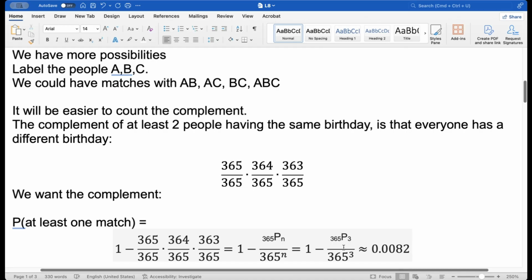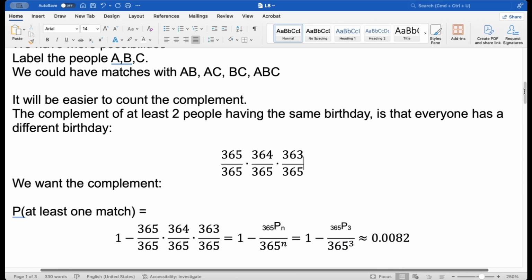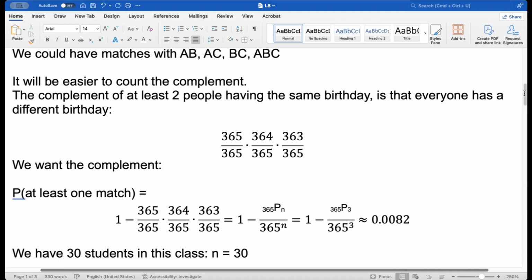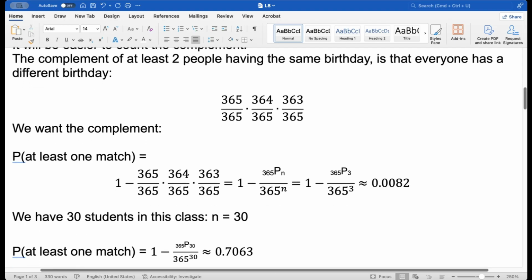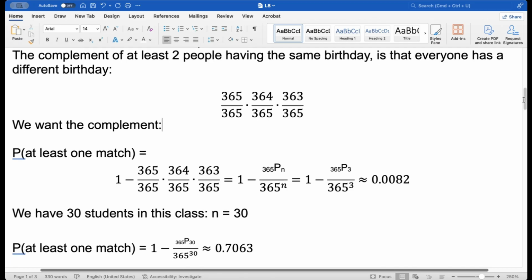Now in this course, we have approximately 30 students. And this answer may be a little surprising for what the probability is when we have a group of 30. So the probability of at least one match is 1 minus, everyone has a different birthday, which is 365 P30 divided by 365 to the 30th power, and it comes out to about 0.7063.